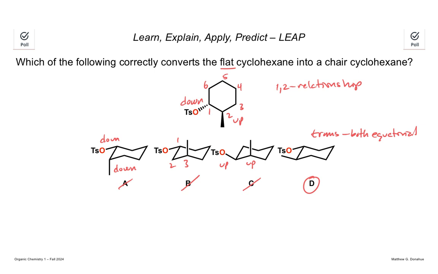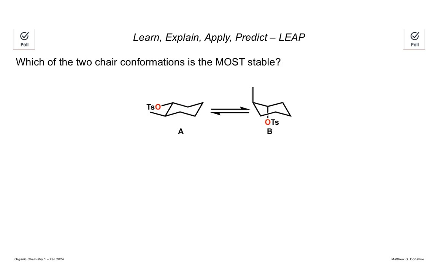But the issue with that being most stable, again, is that we need the leaving group to be axial to reach that 180-degree requirement. So there's the most stable one on the left. There's the chair flip of it on the right.